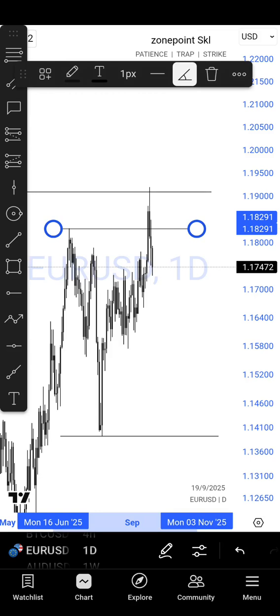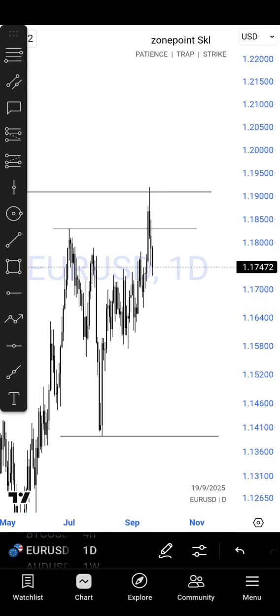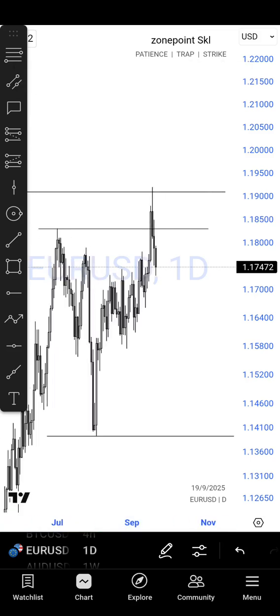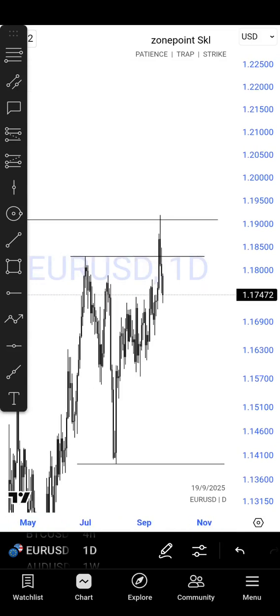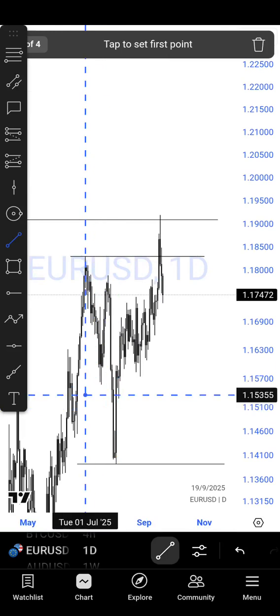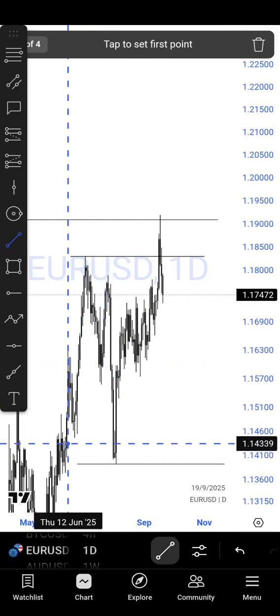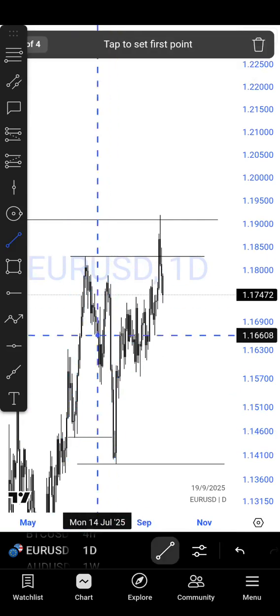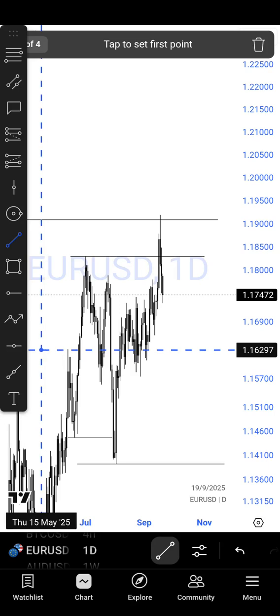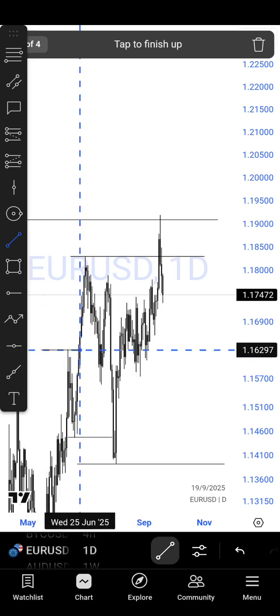And this was the sweep that price gave us. On this same daily too, what did we observe? We observed that price came down. We can say price swept this internal, because this was an external liquidity that price took out.